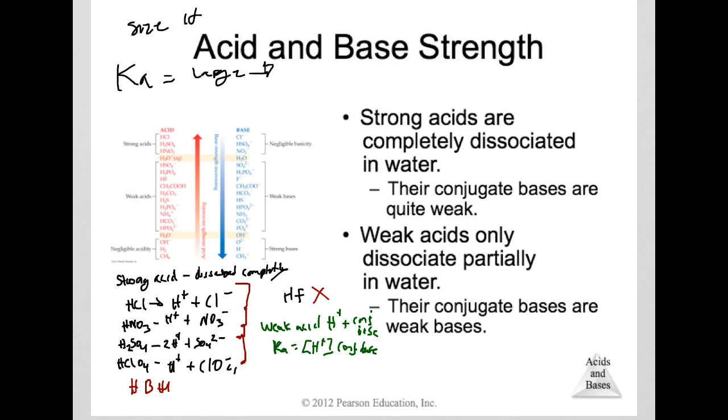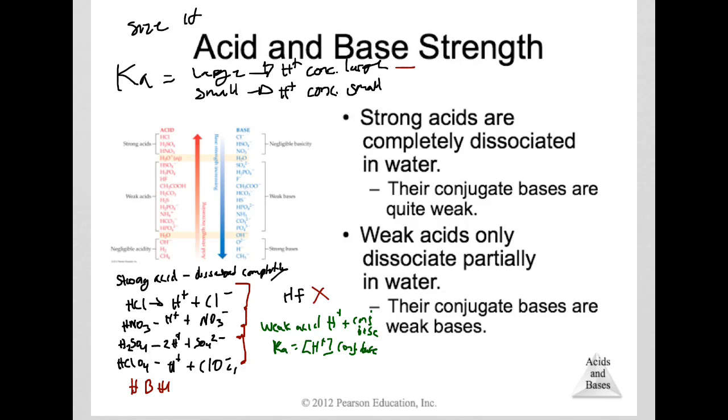What if the Ka is very, very small? That's going to be small. So if the Ka is very, very large, then you have a stronger acid.